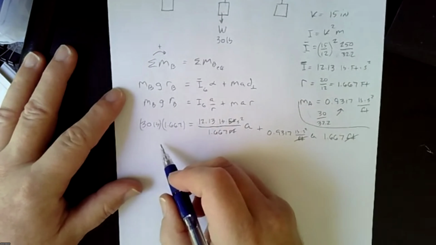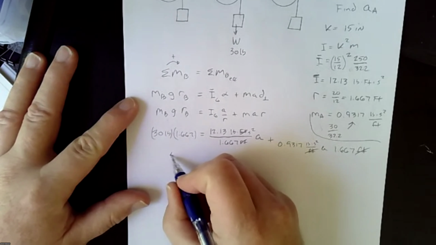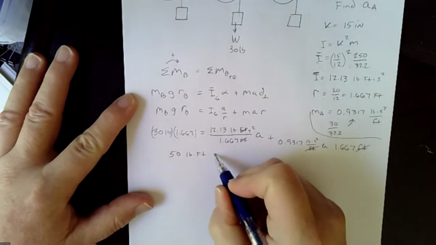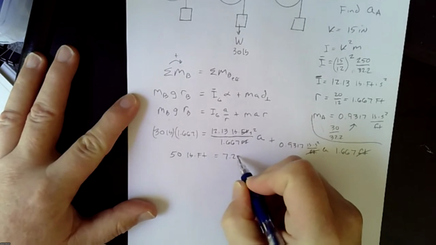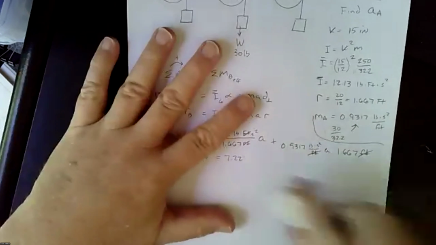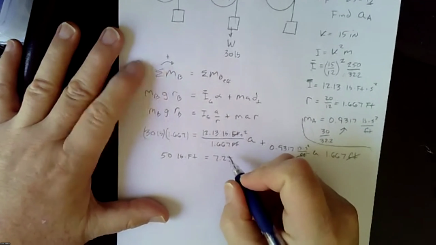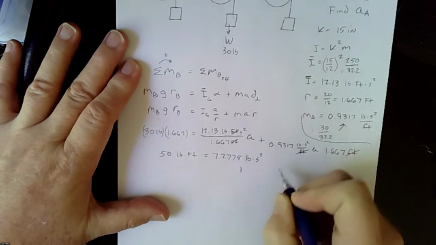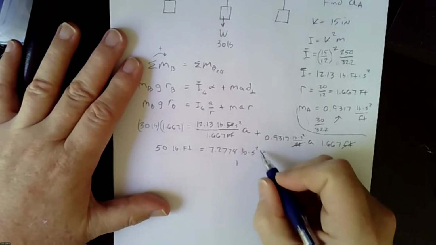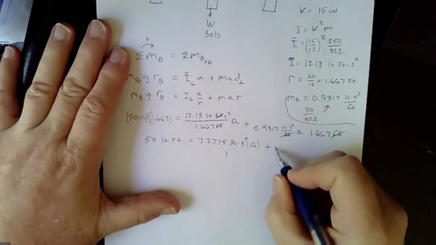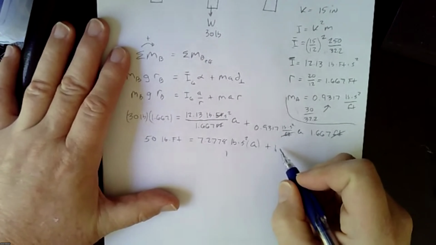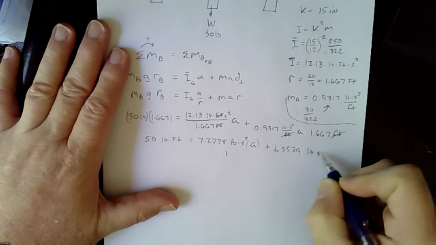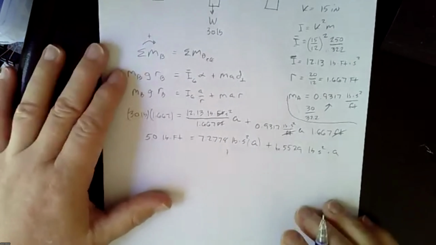So I'd end up with 50 pound feet when you multiply, which equals 7.2778 pound second squared times A plus 1.5529 pound second squared times A. Okay.